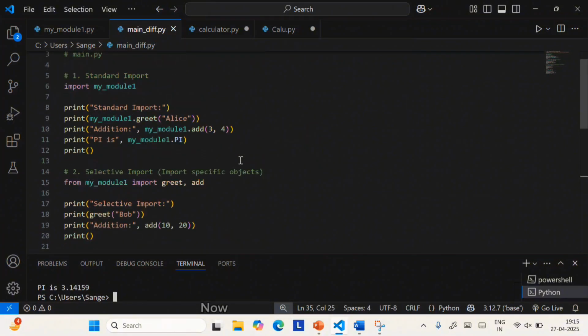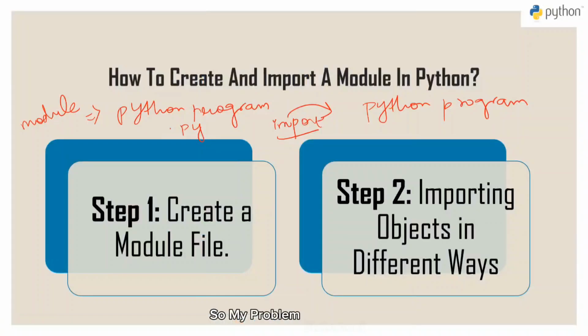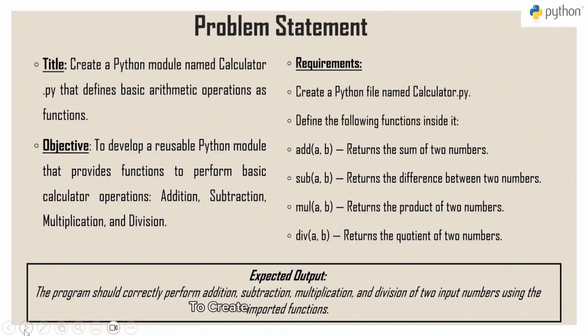Now we will see one problem statement. My problem statement is to create a Python module called calculator for performing arithmetic operations like addition, subtraction, multiplication and division. The requirement is, first I need to create a Python file which I will save as calculator.py.